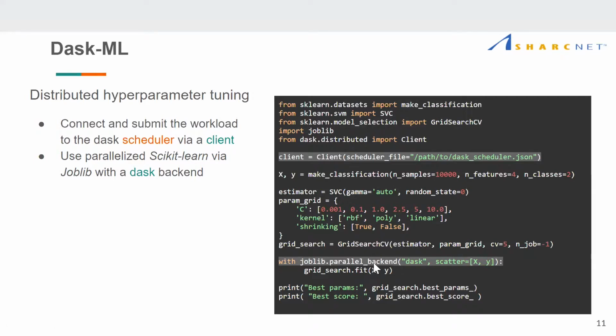This is the additional line you added, using the Dask backend. Dask integrates with joblib to support distributed computing. Then you scatter the data set for the fitting task to work on.